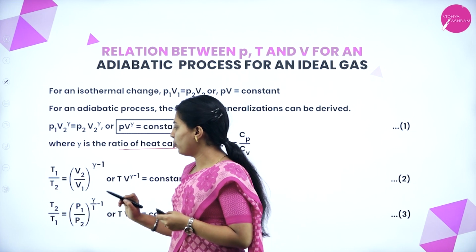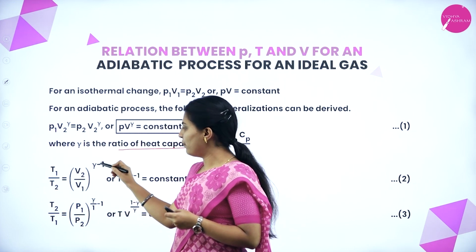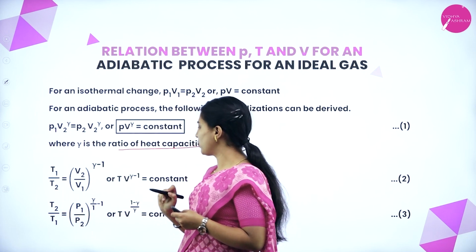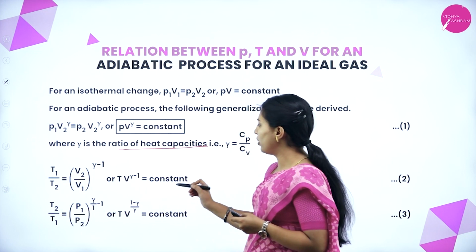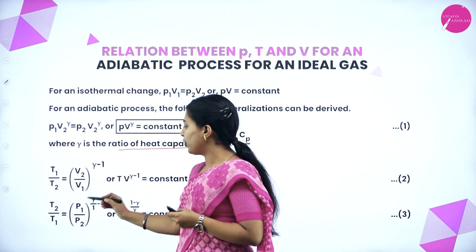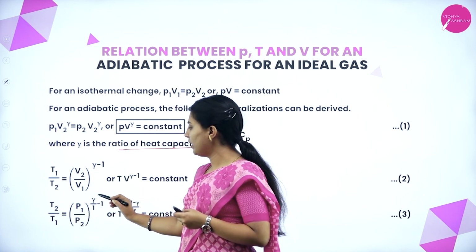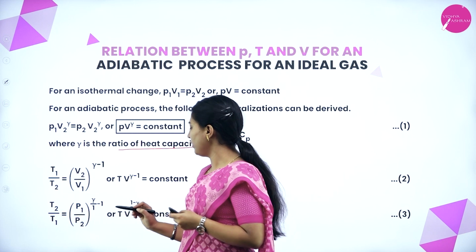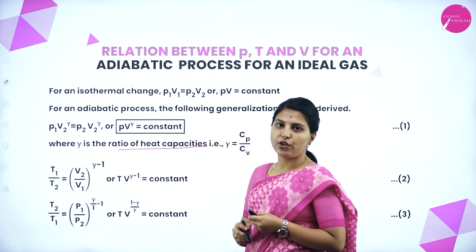T1 by T2 equal to (V2 by V1)^(gamma minus 1). It is inverse, right? That is why TV^(gamma minus 1) equals constant. Here T2 by T1 equal to (P2 by P1)^((gamma minus 1) by gamma). They have given TP^((1 minus gamma) by gamma) equal to constant.